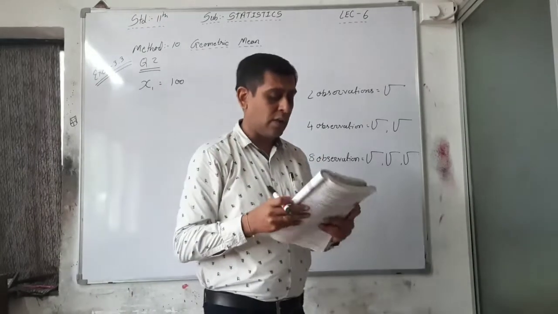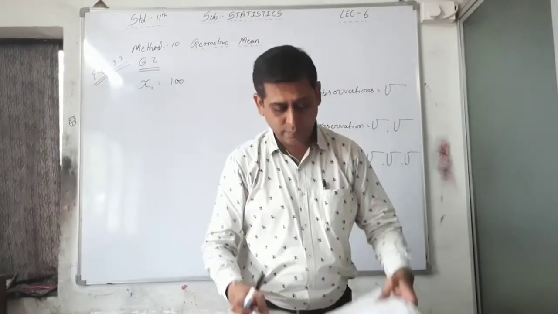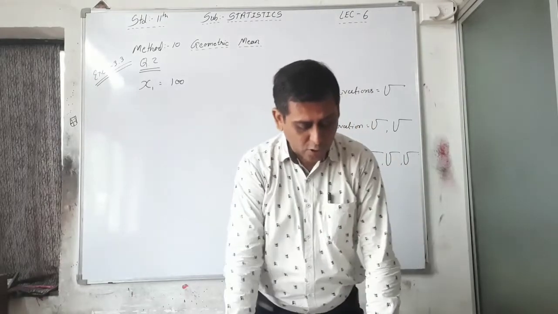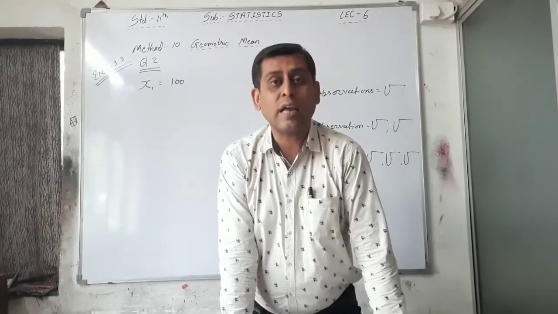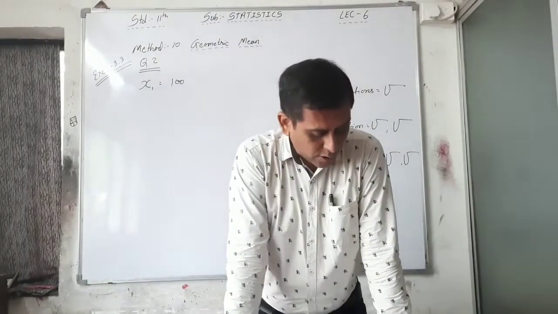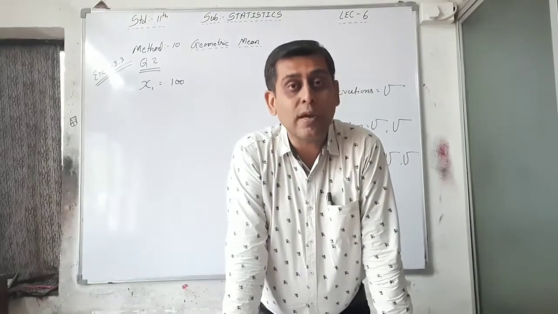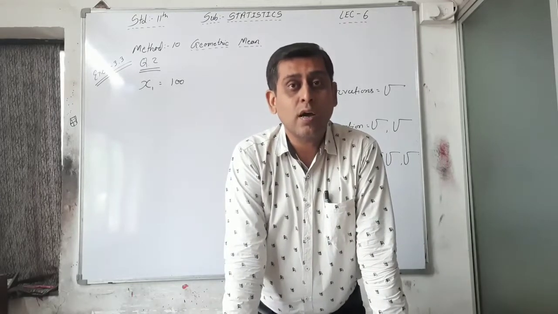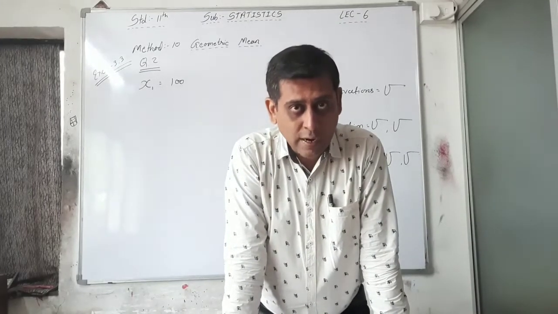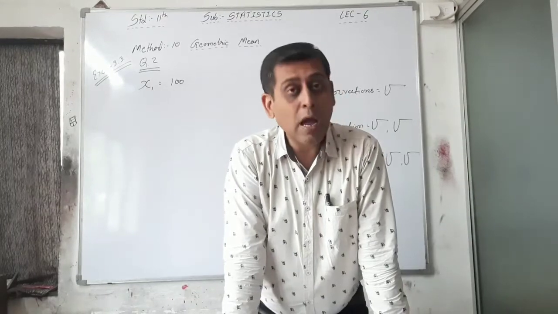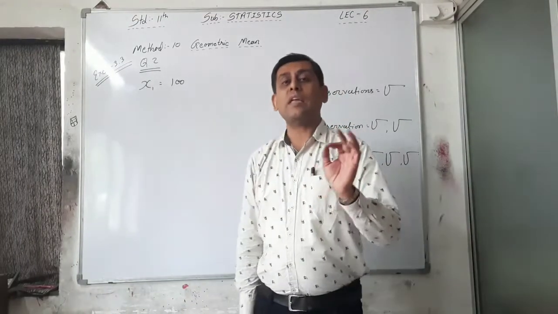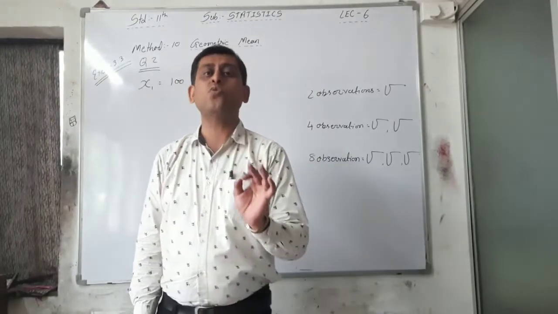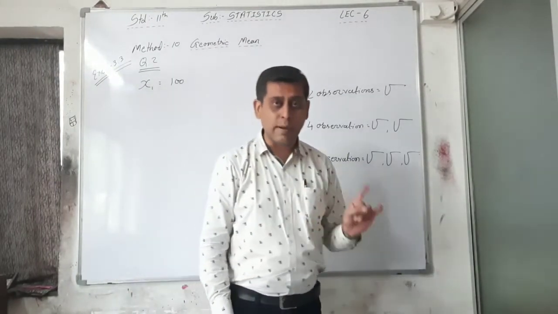See, I am reading the full question first. In the first 4 years respectively, find the average rate of depreciation. See, they want the average rate of depreciation using an appropriate method. It is not specifically said that you have to use the geometric mean method, right? You have to use an appropriate method, and whenever increase or decrease in percentage is given, you have to take the geometric mean method.